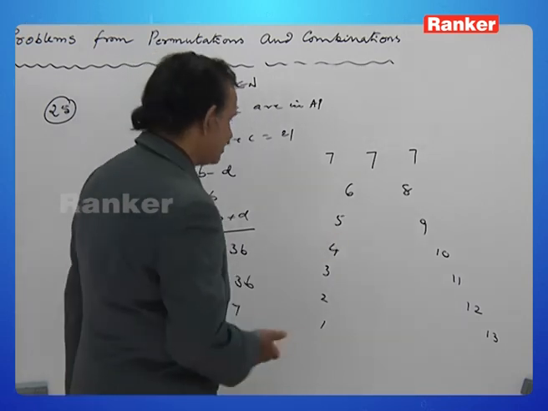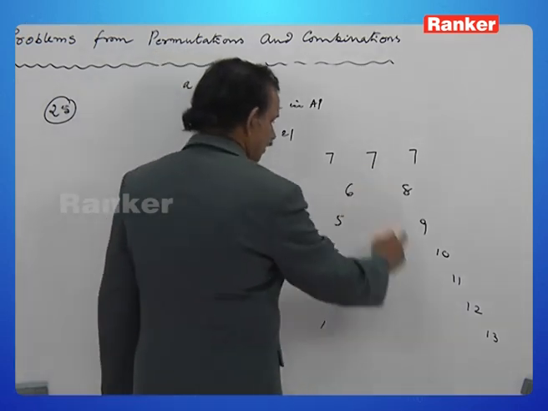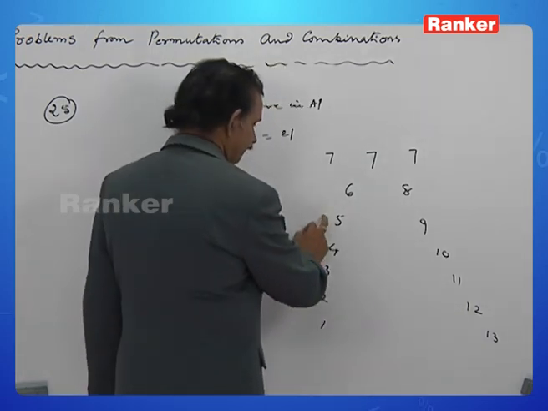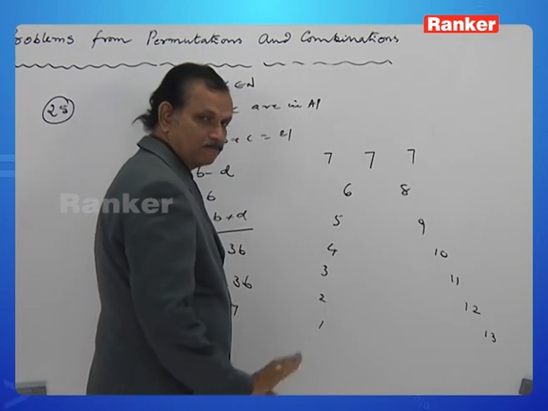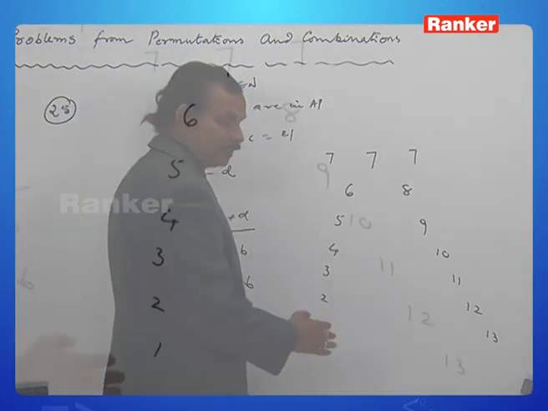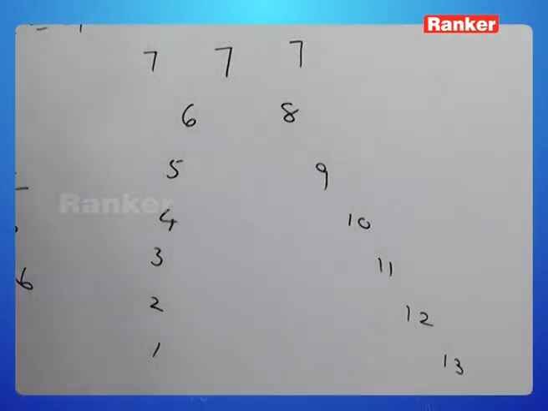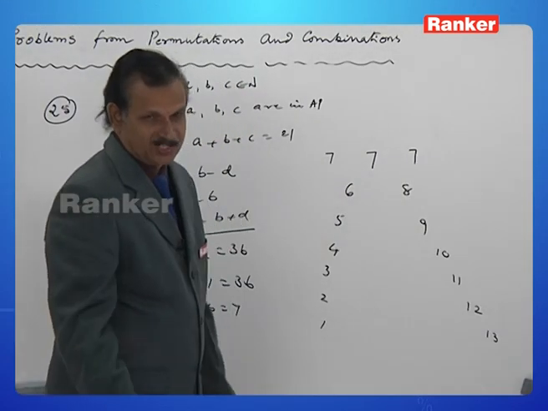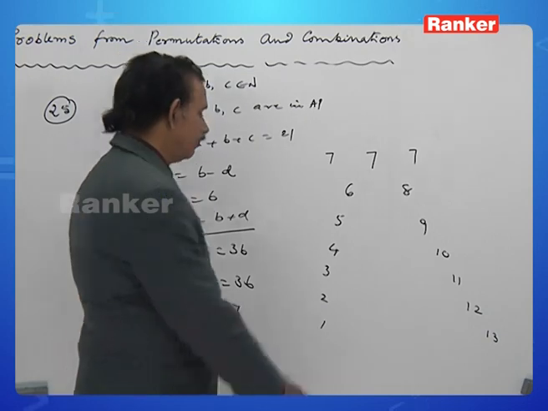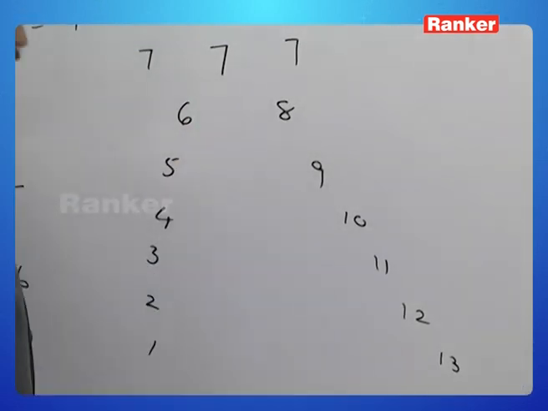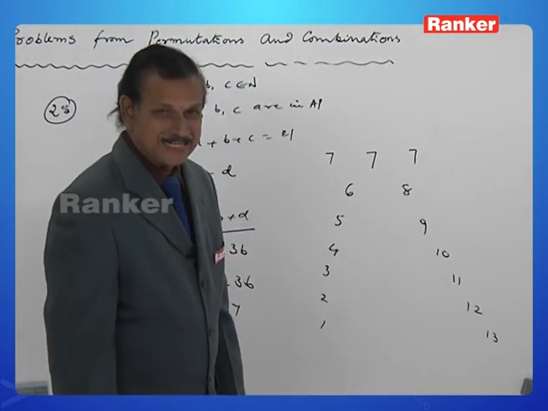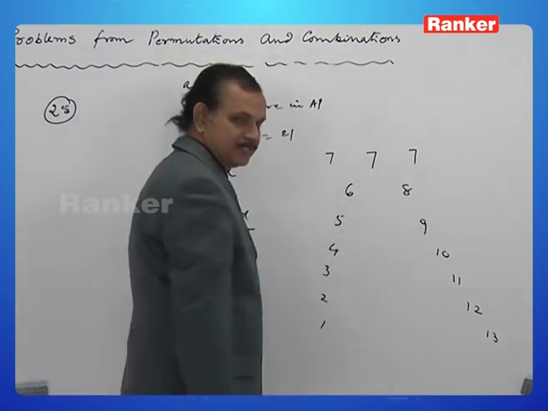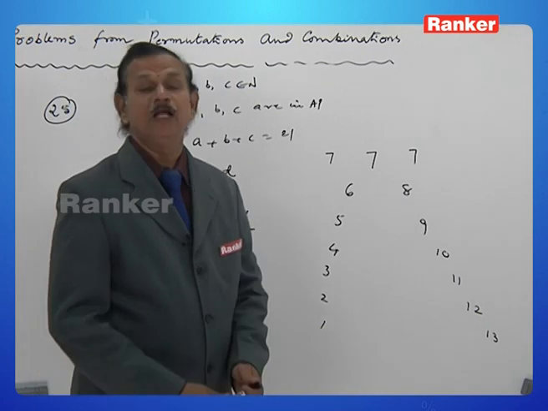Well, count these triplets. 1, 7, 13 is 1 triplet, 2, 3, 4, 5, 6. 6 triplets. You see, the 6, 7, 8 triplet is different from the 8, 7, 6 triplet because it is ordered. Therefore, with these combinations, how many triplets can you observe? 12 triplets. Besides that, one more triplet, that is 7, 7, 7, is also there.